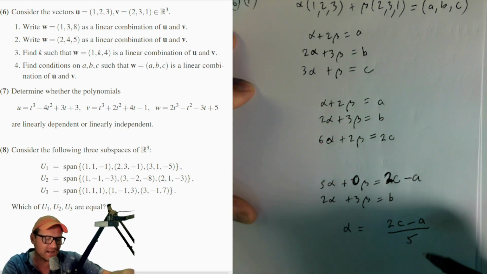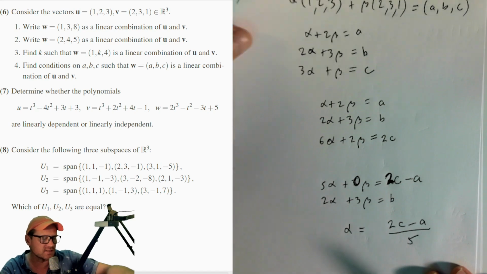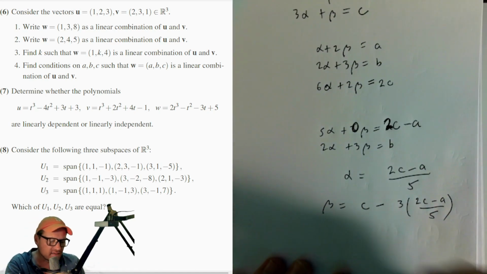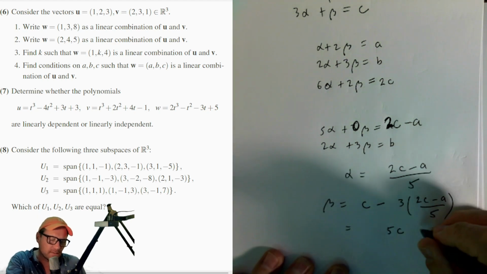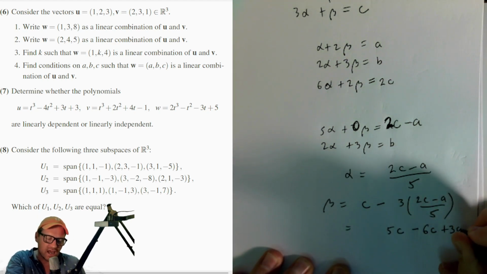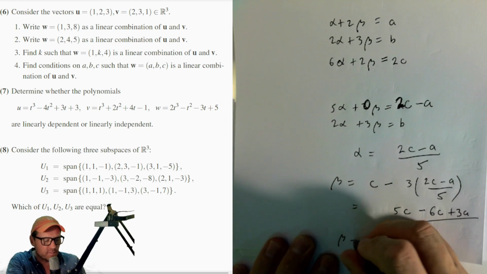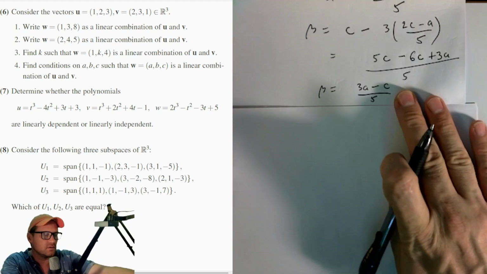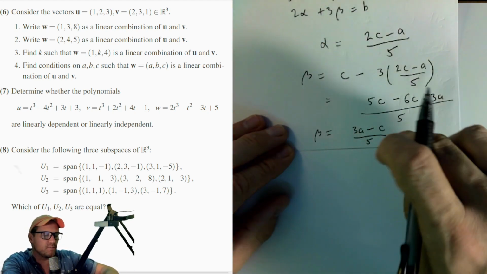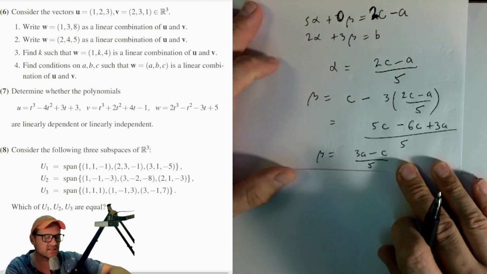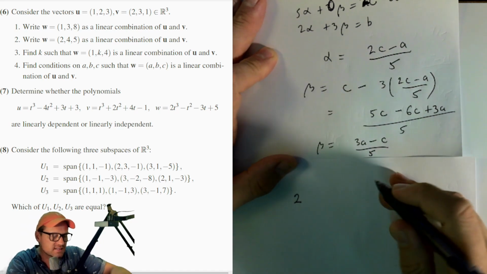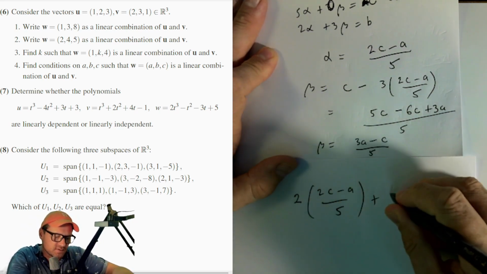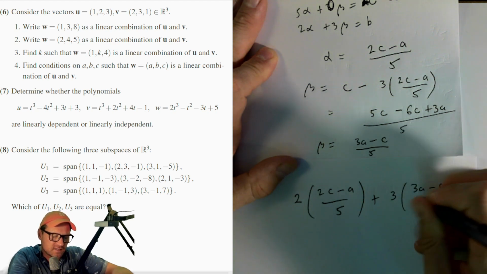So using that in our first equation gives us beta is C minus 3 alpha. Now simplifying this, we have (5C minus 6C plus 3A) all over 5, and so beta is (3A minus C) over 5. Okay, so we now have alpha and beta. So again, the question is, is this consistent? If it is consistent, then we have 2 times alpha, (2C minus A) over 5, plus 3 times beta, (3A minus C) over 5.